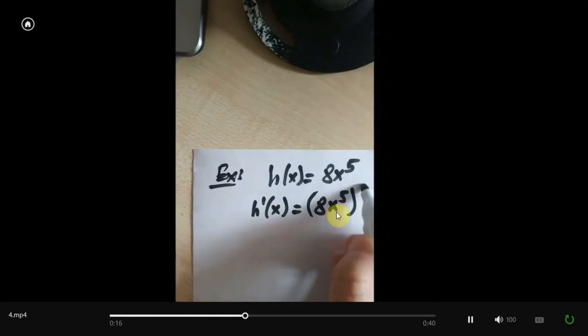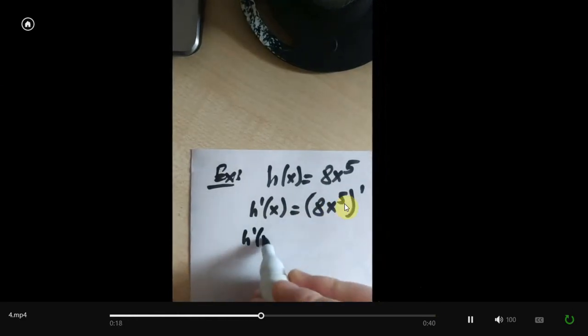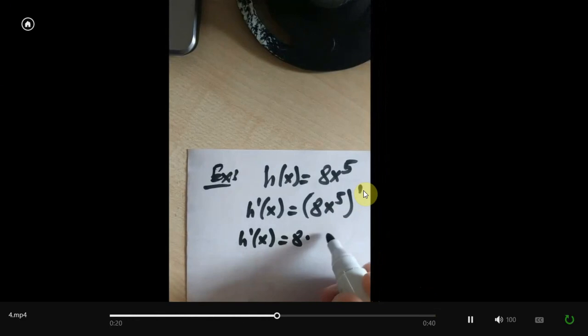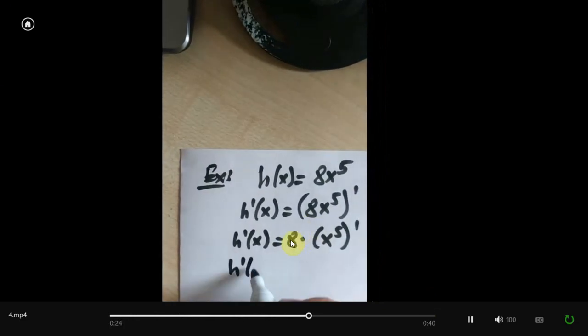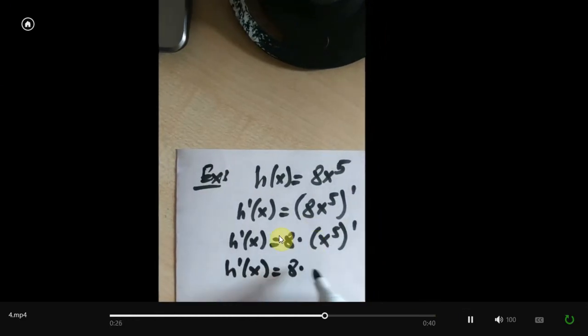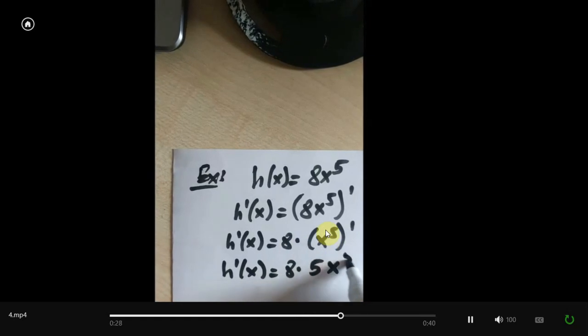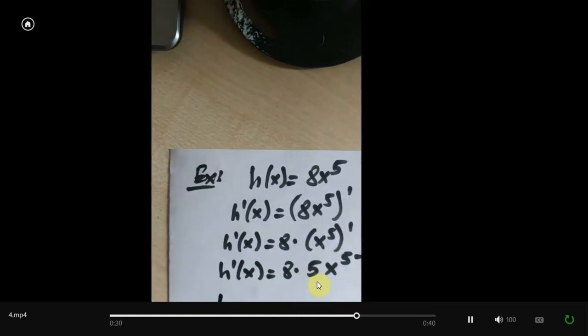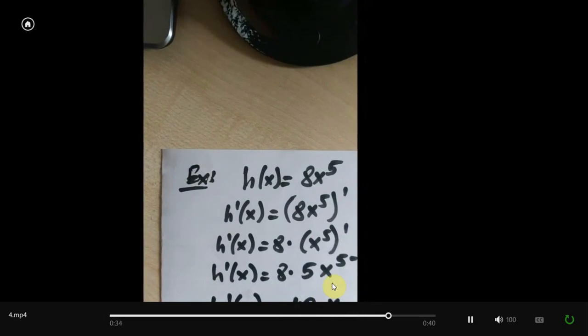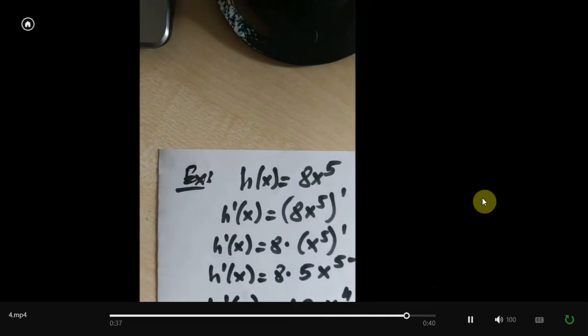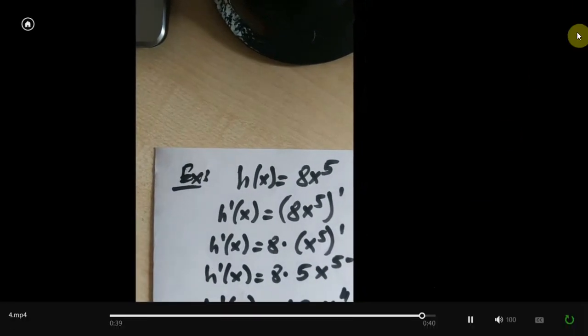H prime is equal to the derivative of 8 times x to the power of 5. Here 8 is also a constant number, so we take it out of the parentheses and we only take the derivative of x to the power of 5. So 8 times 5 is 40 times x to the power of 4.